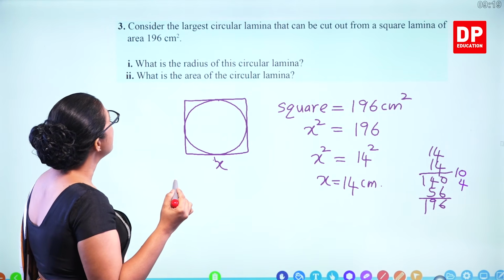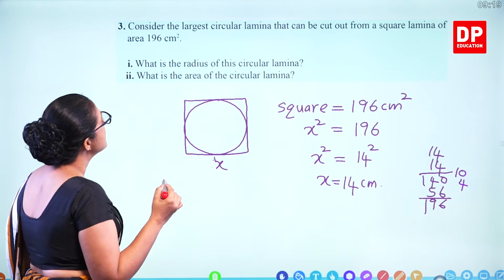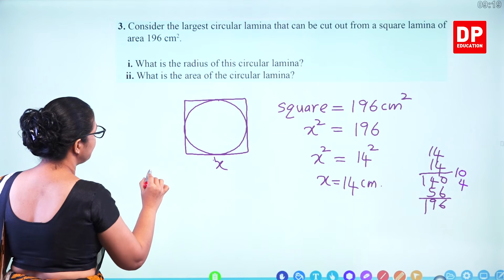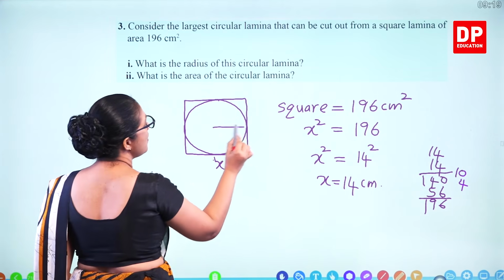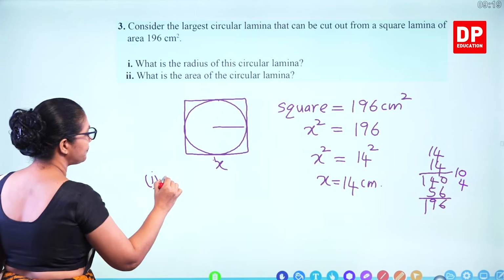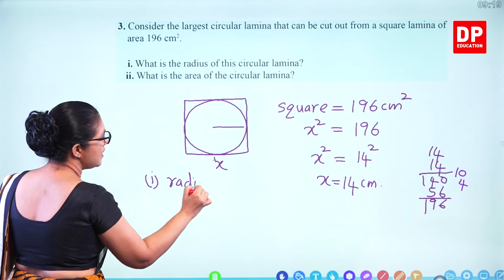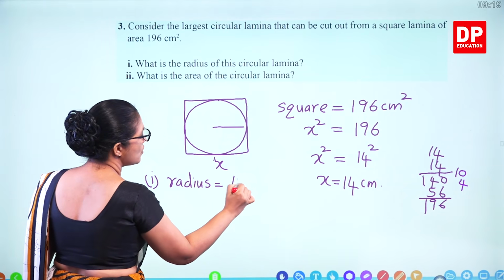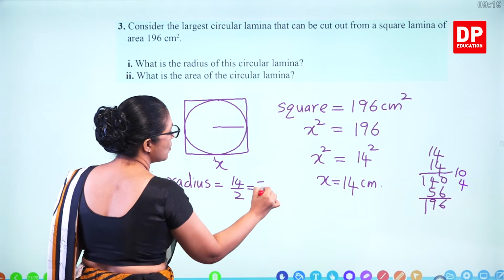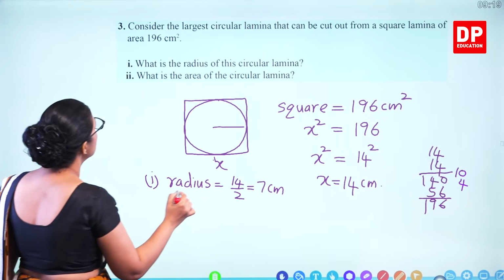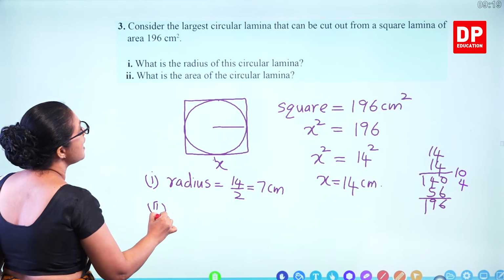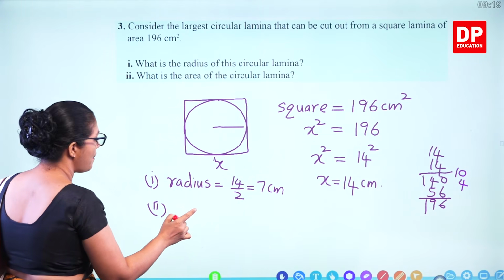Now we found out length of one side is 14 centimeters. So what is the radius of this circular lamina? Radius should be half of that. So radius is 14 divided by 2, 7 centimeters. And what is the area of the circular lamina?